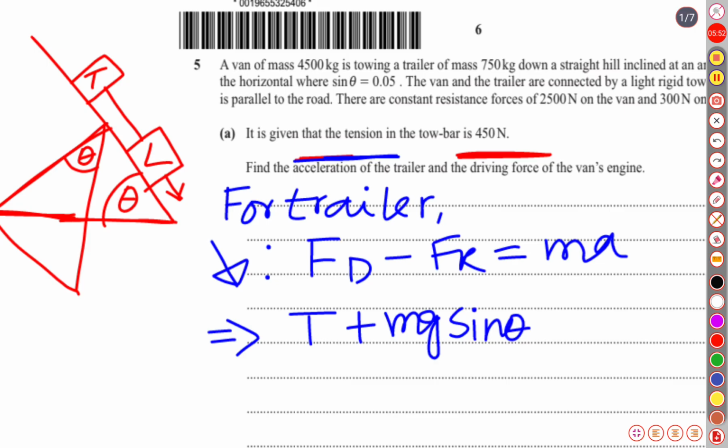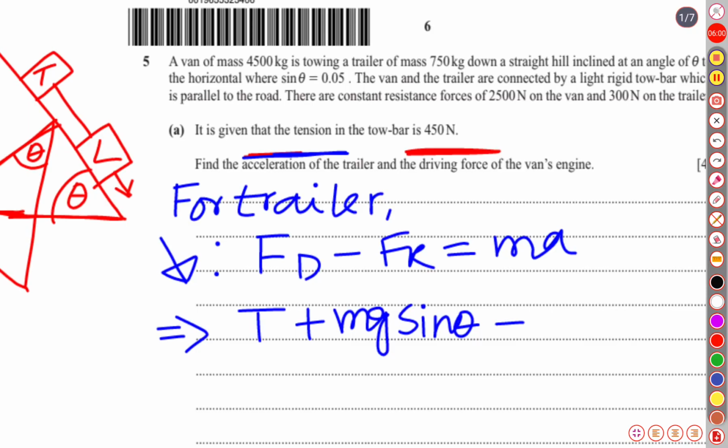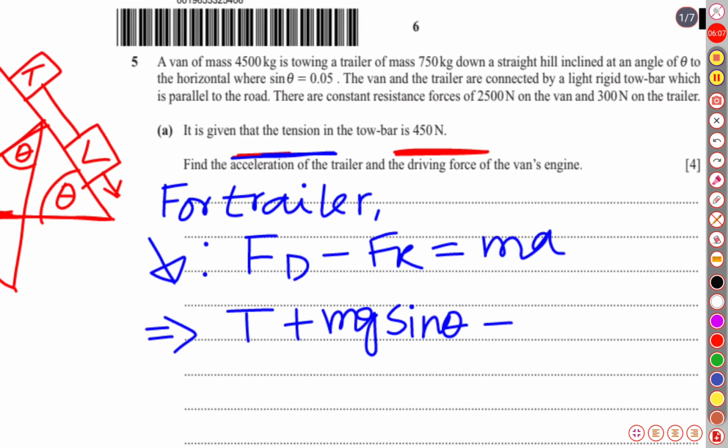And what is the resistance force? There is a constant frictional force. It is written that 300 Newton is the constant resistance force on the trailer. So it is 300 Newton. Then we see is there any other force acting?